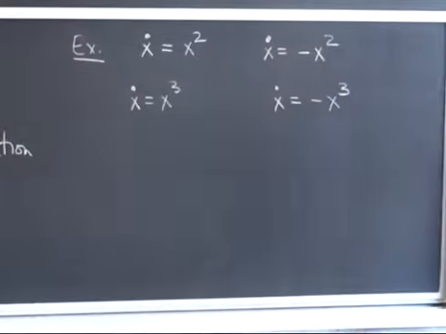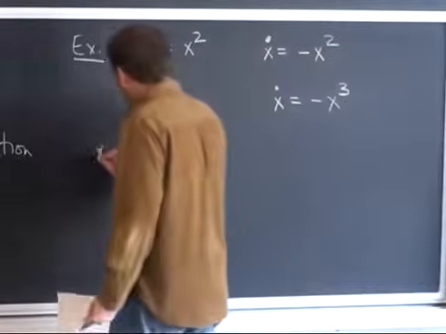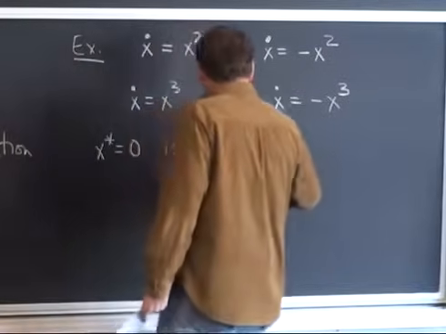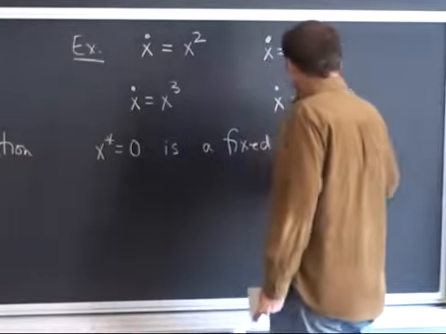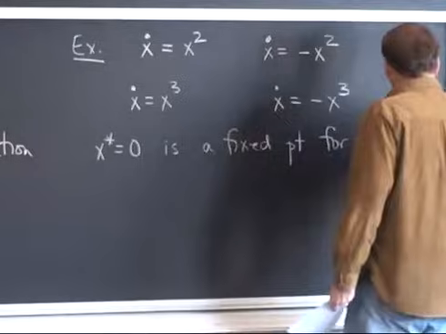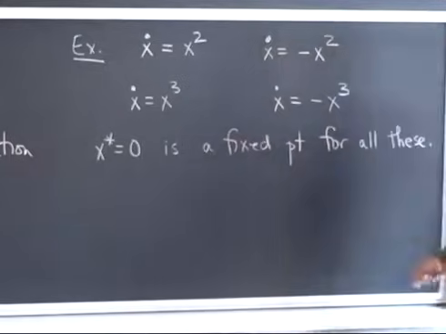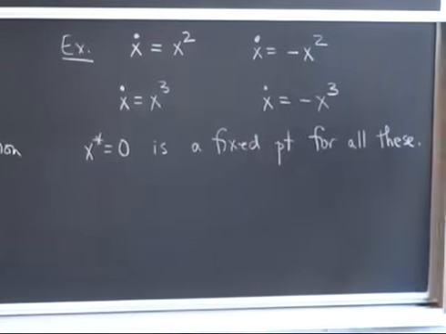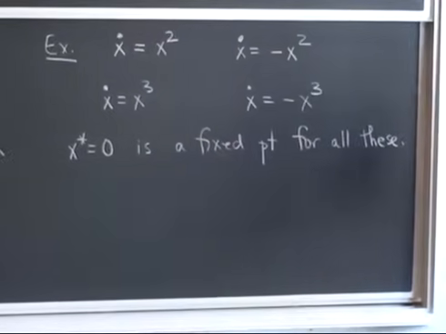All of those have fixed points at 0. Right? x star equals 0 is a fixed point for all of them. As you can see by just plugging in 0 on the right-hand side, you get x dot is 0. So it's a fixed point.